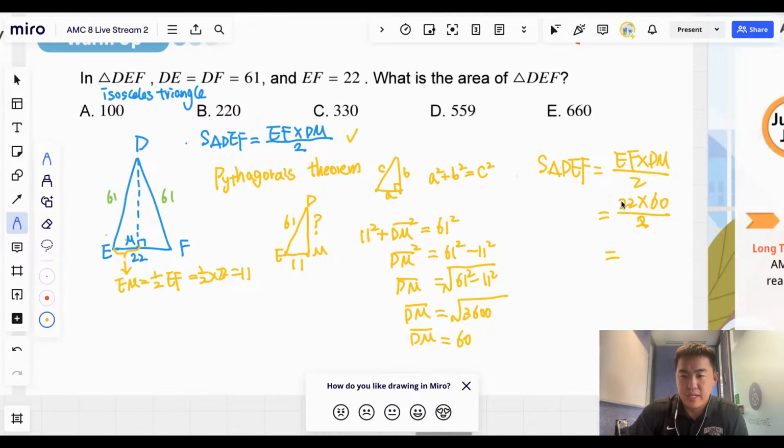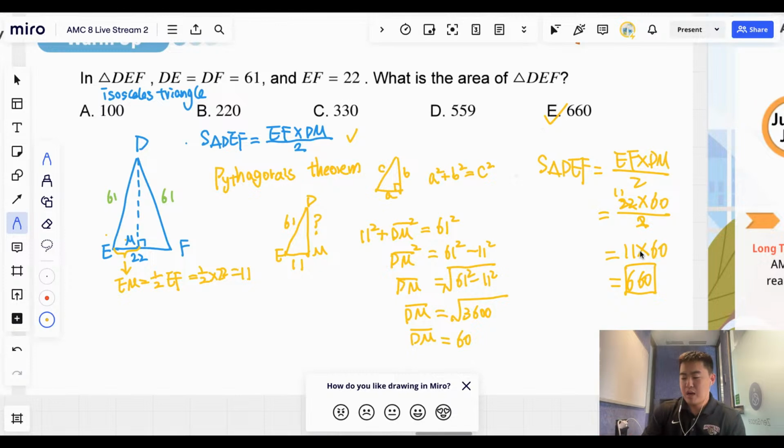If you do the cancellation, you will have 11 instead of 22, since 22 and 2 are crossed out. It will leave you 11 times 60. So that's 660 for the area of the triangle DEF. Which option gave you 660? Option E.